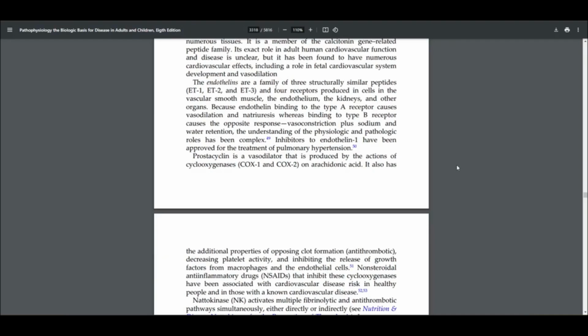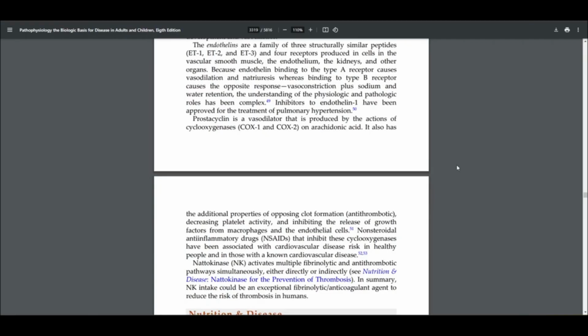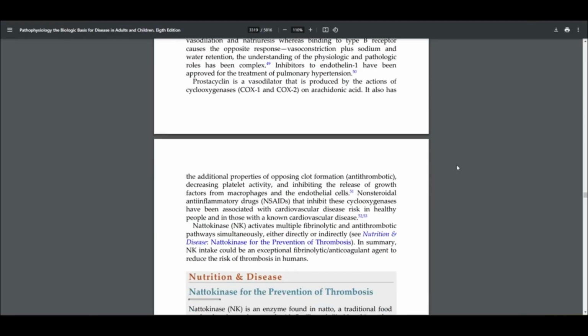Prostacyclin is a vasodilator that is produced by the action of cyclooxygenases, or COX-1 and 2, on arachidonic acid.